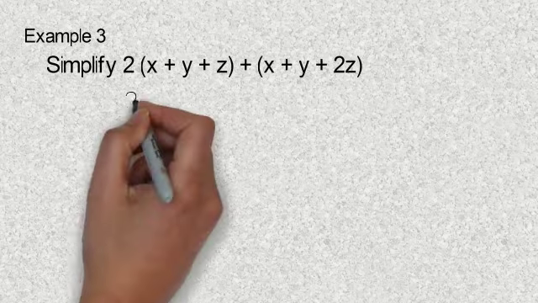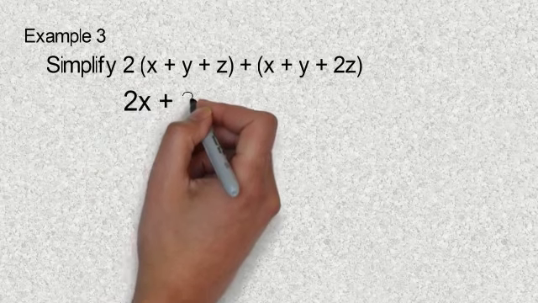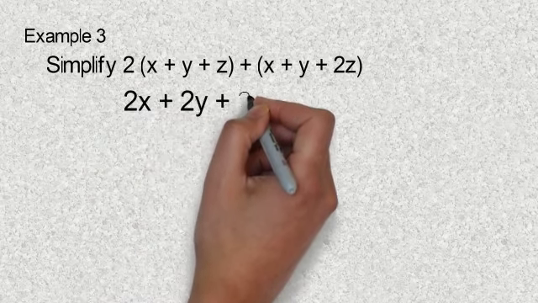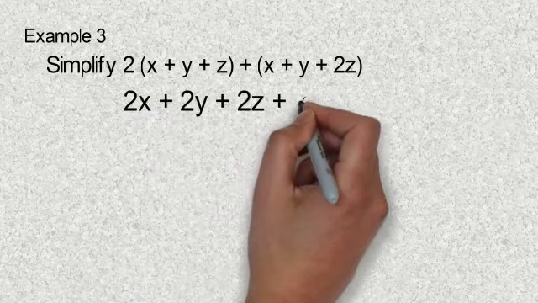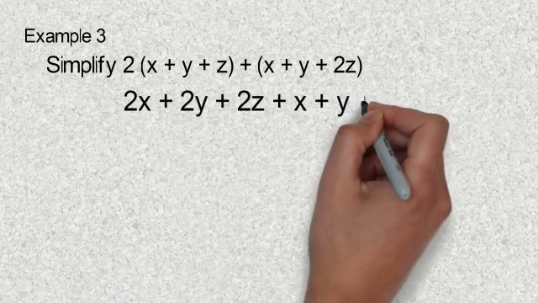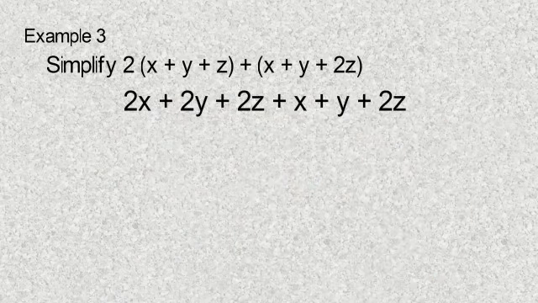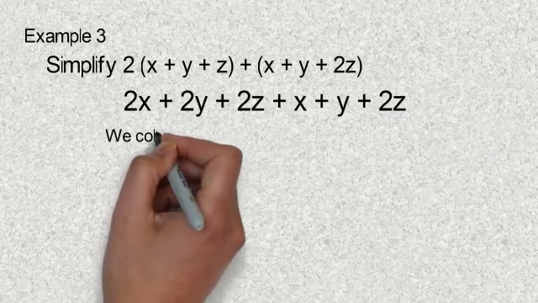So I have 2 times x, 2x, 2 times plus y, I have 2y, 2 times plus z, I have 2z. Also the second one, we just open the bracket. You can see that we have addition outside, so we multiply it through. So I have plus x plus y and plus 2z.